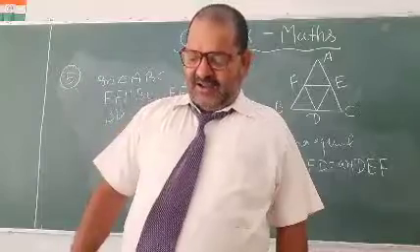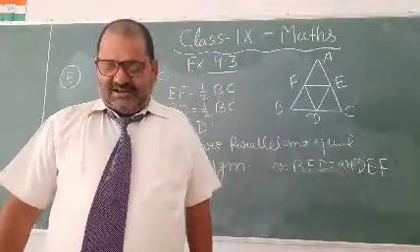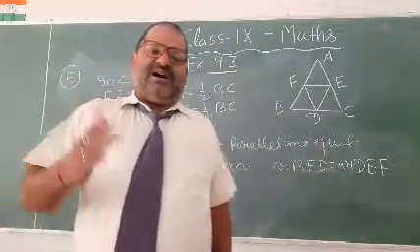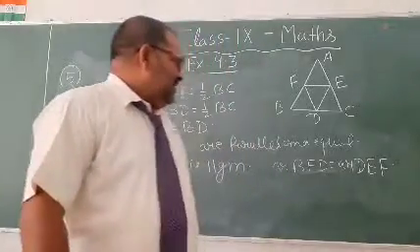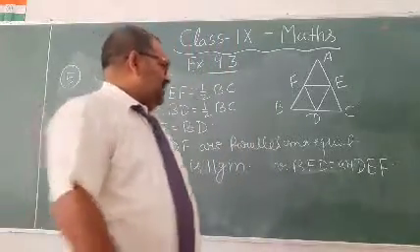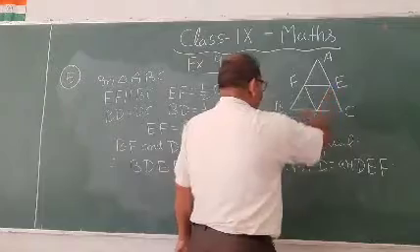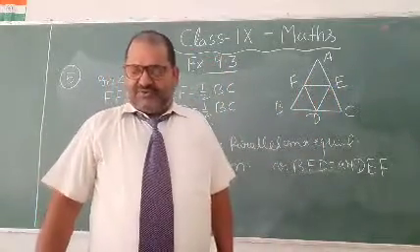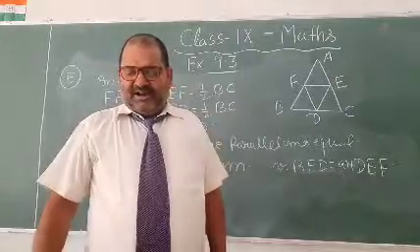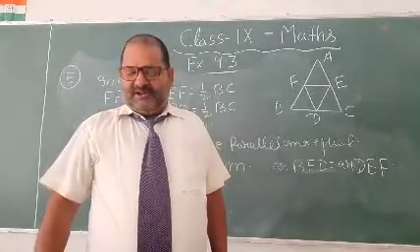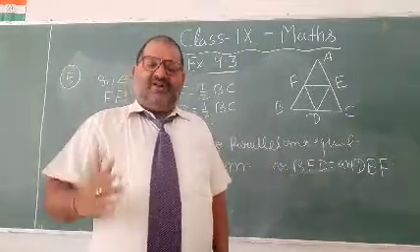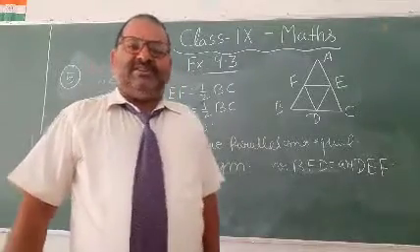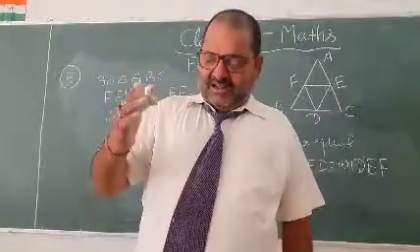Adding all the areas, the area of DEF is 1/4 the area of triangle ABC. Clear? That is the second part.